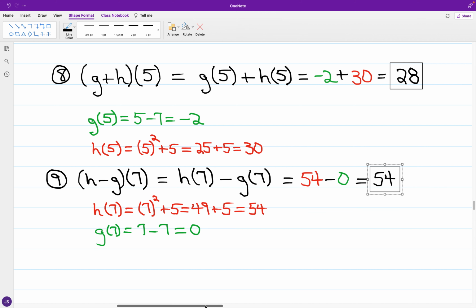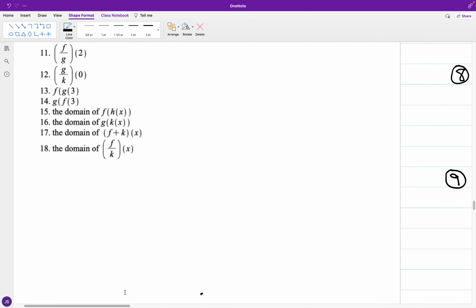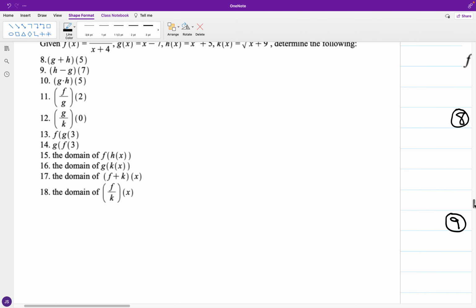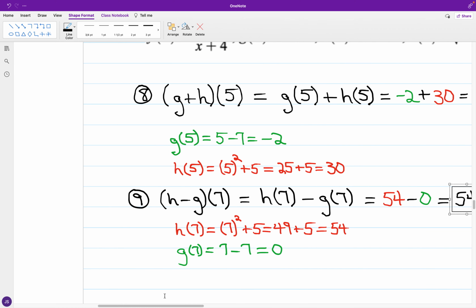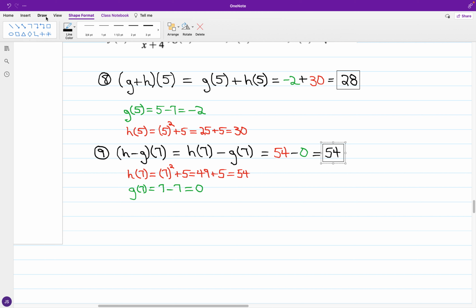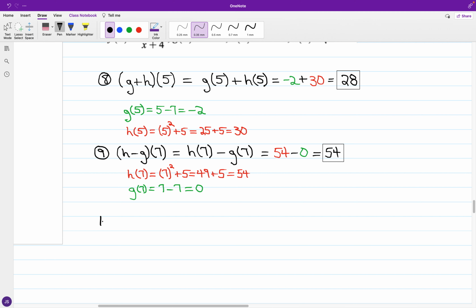Okay, now for the next set, we're crossing over to multiplication. This time we have g times h of 5. So you now have g of 5 times h of 5.